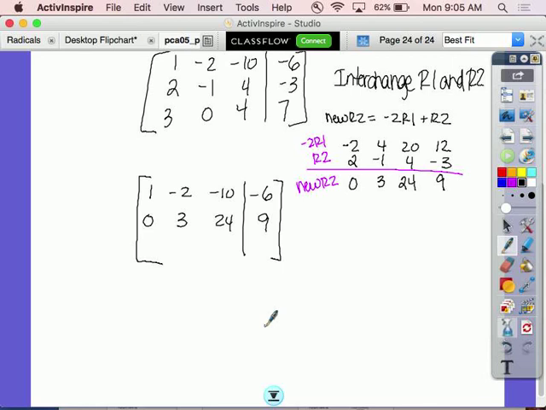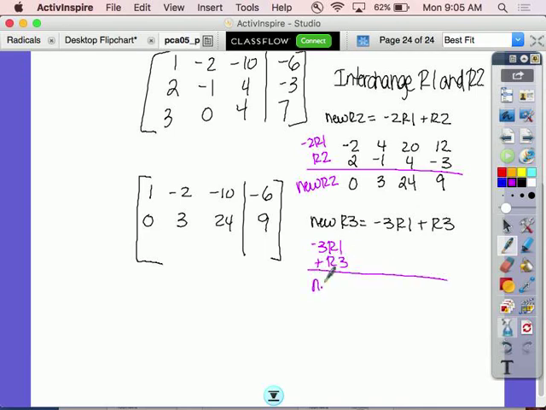All right, so row 3 begins with a 3. What number do we want this to be? 0. So we can multiply this row 1 by -3 and add them together. So the new row 3 will be -3 times row 1 plus row 3.